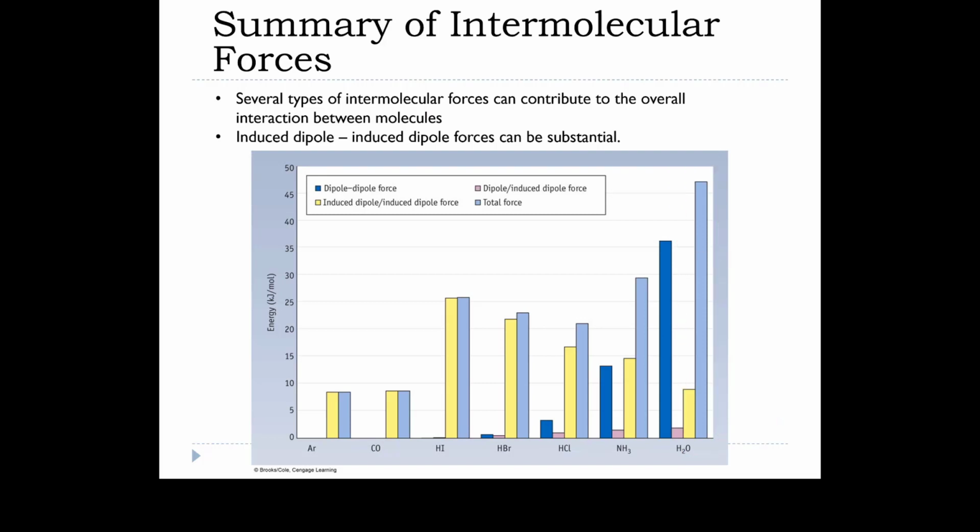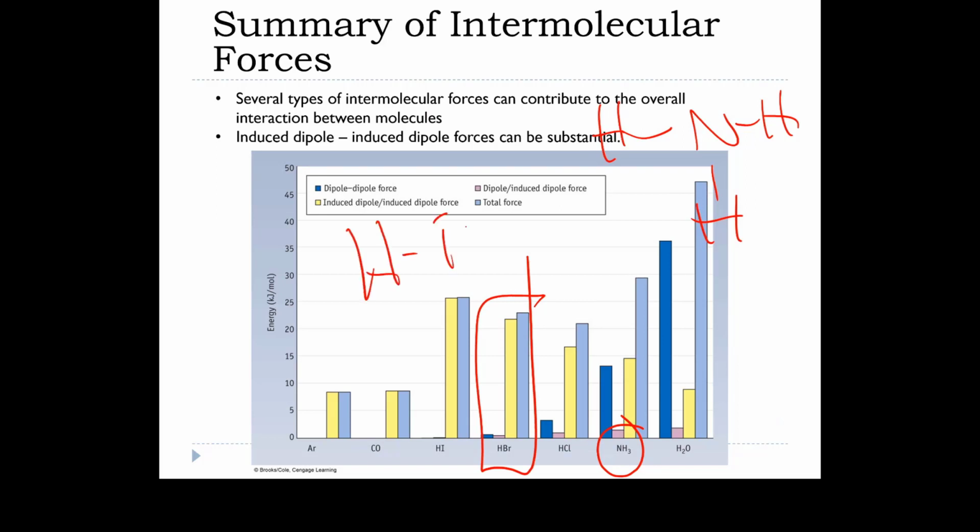What I want you to be able to do is when I give you a molecule like NH3, I want you to be able to tell me that that's nitrogen bonded to hydrogen. And so the strongest type of intermolecular force that you should see in this thing is what? Hydrogen bonding. Or when you see HBr, this is a linear molecule.